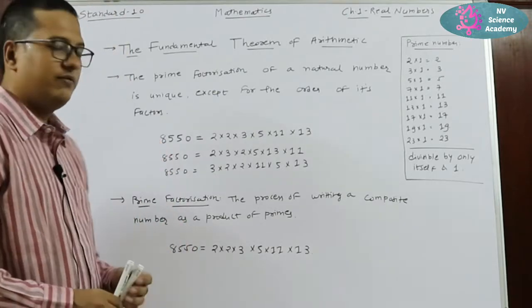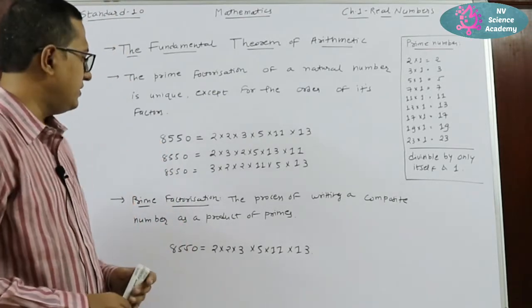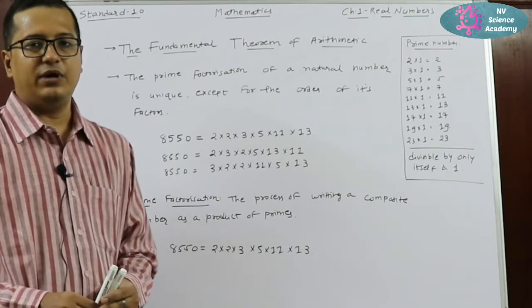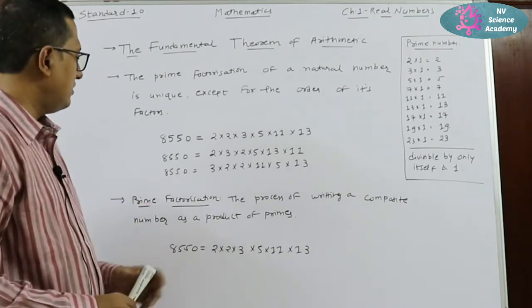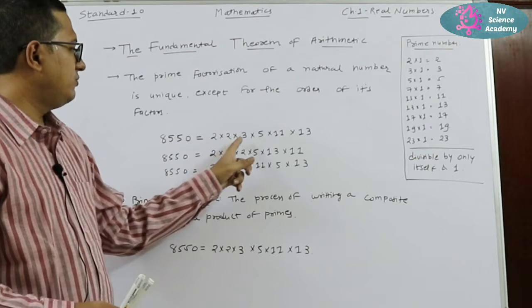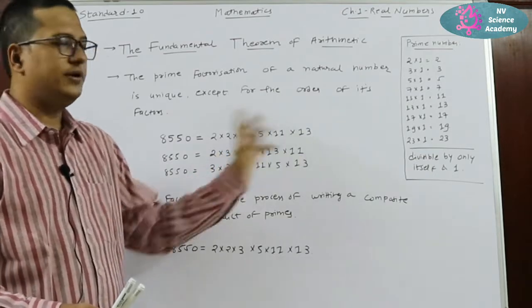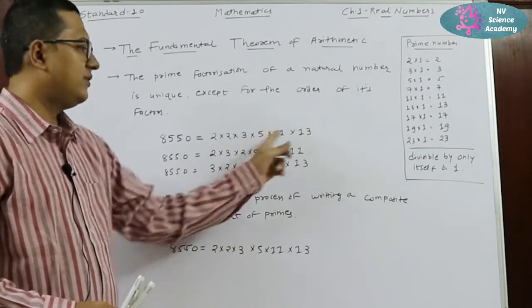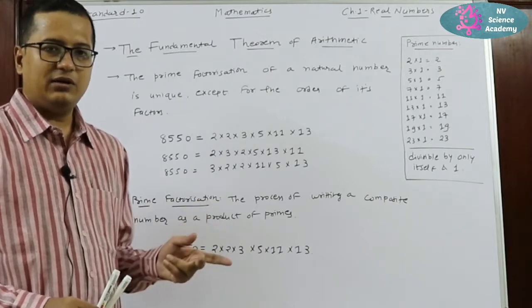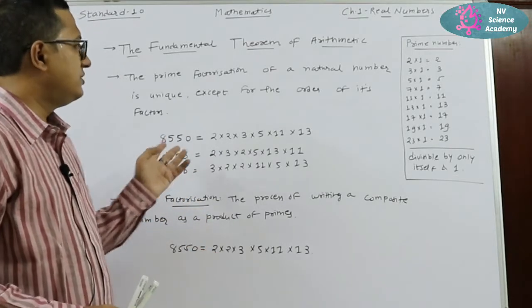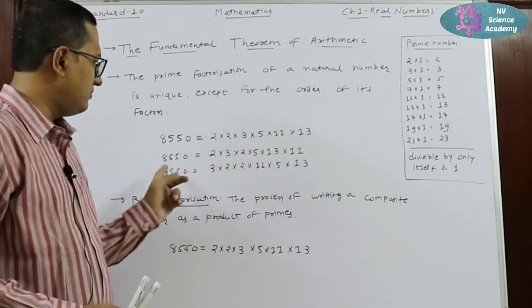As you can see, I have one example. The number is 8550. The factors are 2 into 2 into 3 into 5 into 11 into 13. So these are the unique factors. You can change the order of the factors.